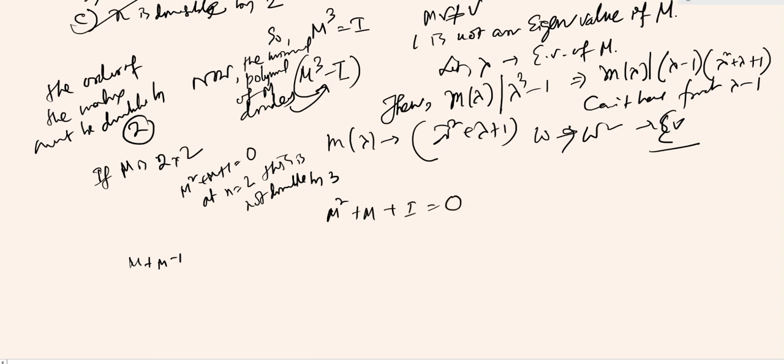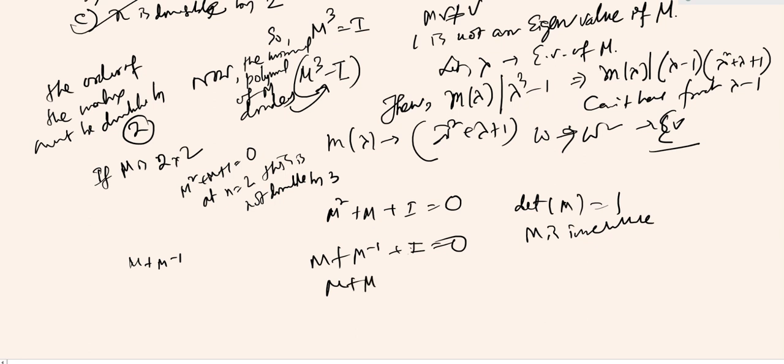M is invertible as the determinant of M equals 1. So M is invertible. In this case, we try to reduce the power here. So M plus I plus M inverse equal to 0, so M plus M inverse equal to minus I.